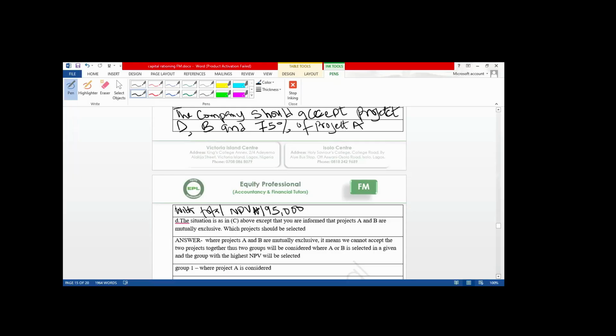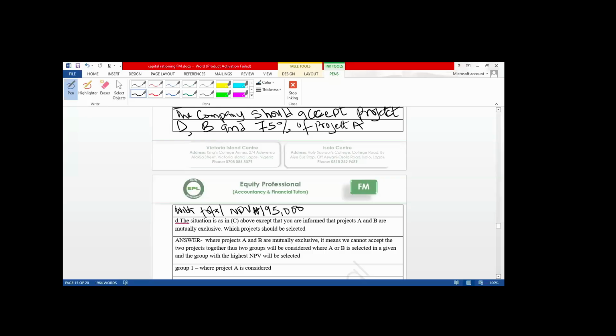Where projects A and B are mutually exclusive, it means we cannot accept the two projects together. Once you accept project A, you cannot accept project B. Once you accept project B, you cannot accept project A.